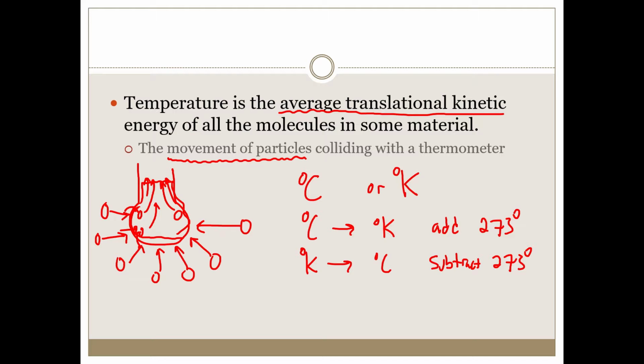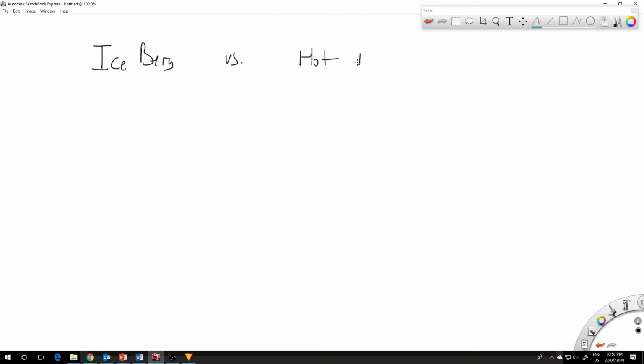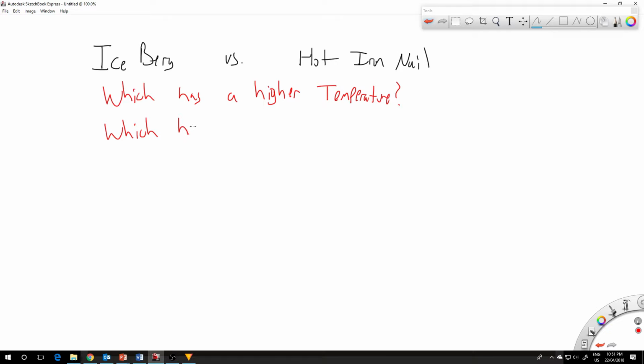Okay, a common question you will probably see is if you're given an iceberg versus a hot iron nail, which has a higher temperature, and which has a higher thermal energy?